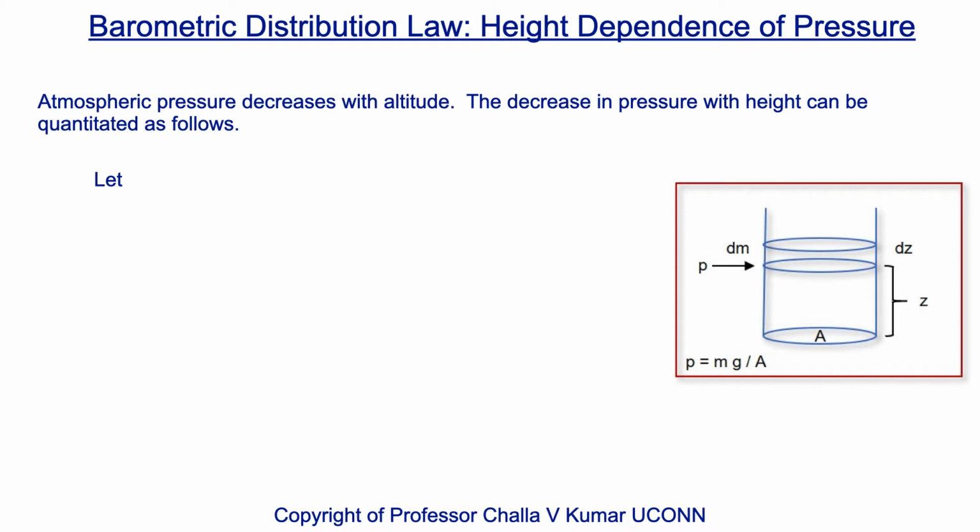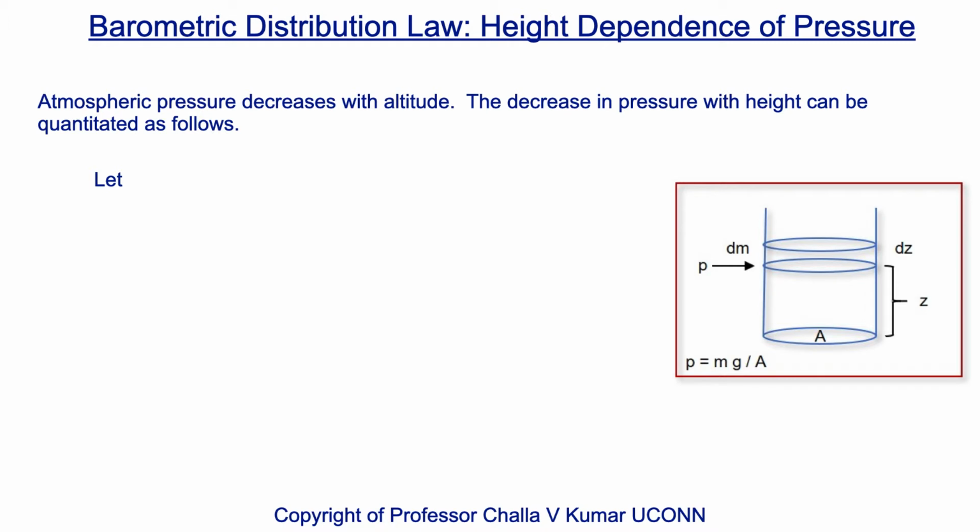If you take a cross section at the height z from the ocean surface, we have, let's say, a pressure P, and now we consider a small increment in height from the height z to z plus dz, or a small element dz, the increase in the height.